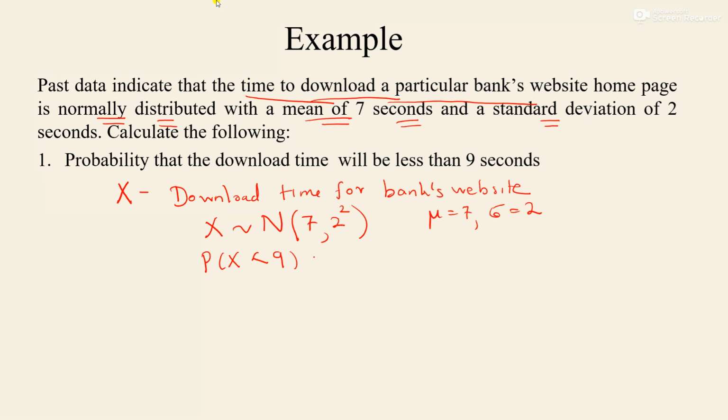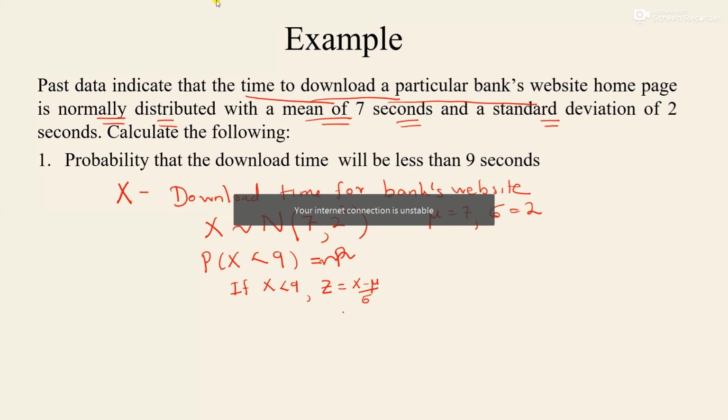So this is equal to the probability of, if X is less than 9, then the corresponding Z is equal to (x minus mu) divided by sigma.